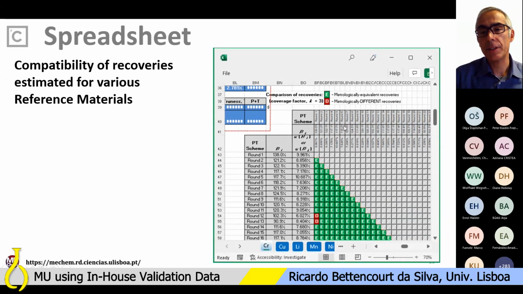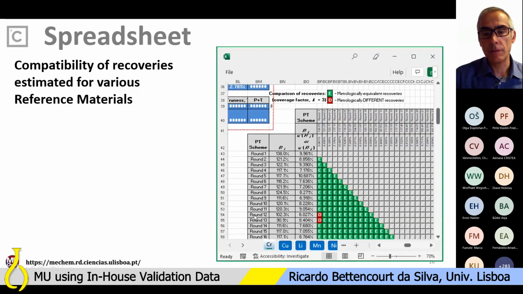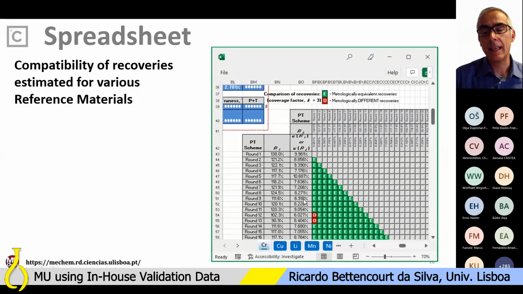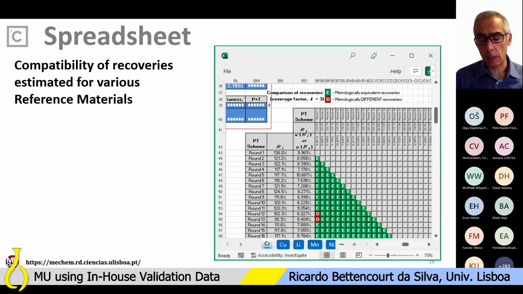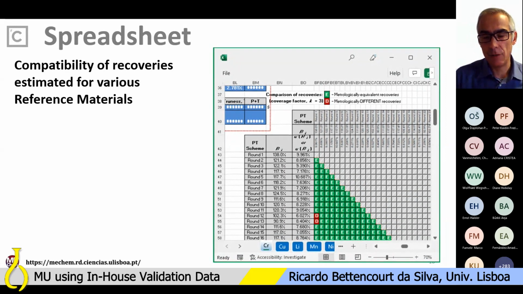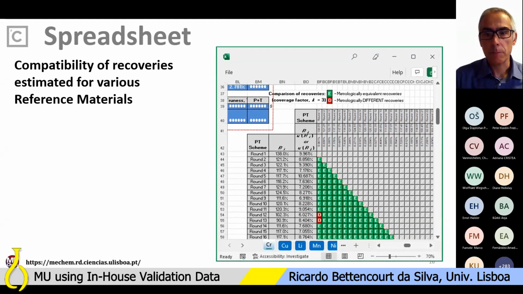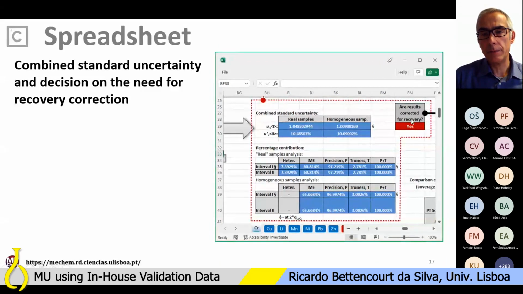If we have some differences, like in these red cells, where the recovery estimated for round 12 and 13 are different from round 1, and if we are not able to divide the scope in different types of matrices, you should add this additional component for the between sample variability of recovery.